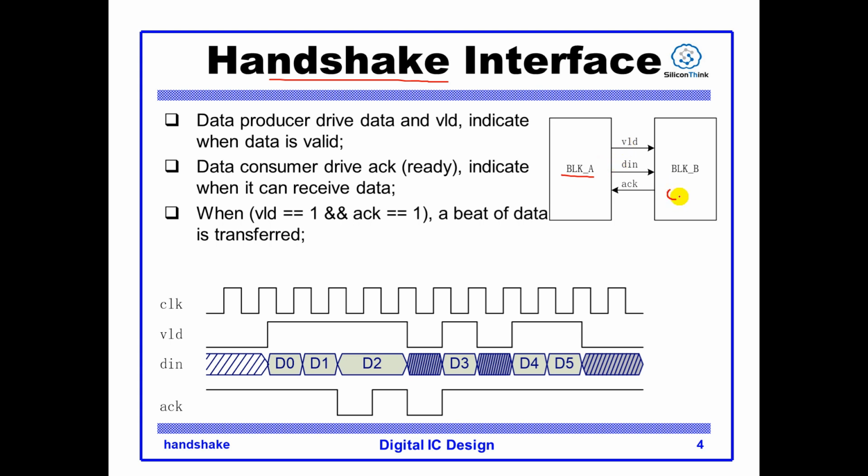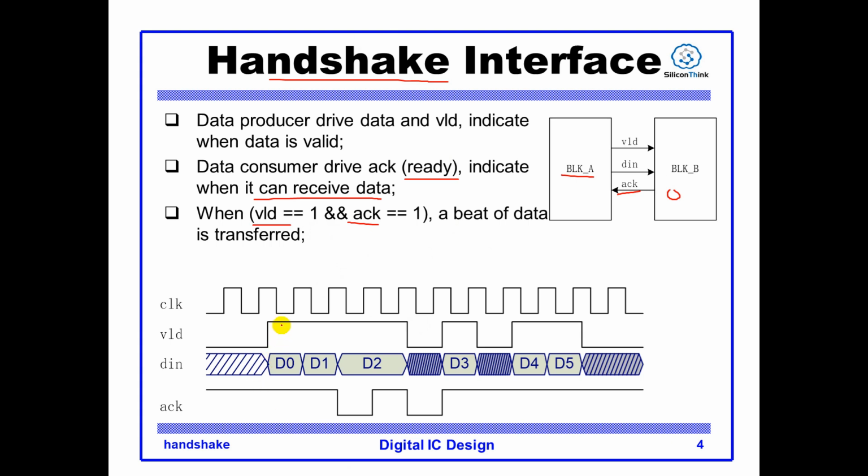Then the data receiver, or the data sink, will drive the acknowledge signal, or you may label it as ready. The ACK signal is used by block B to tell block A that it can receive data in this cycle. So the protocol here is: when both valid and ACK are active, a piece of data is transferred between block A and block B. This is the principle of the protocol for handshake interface.